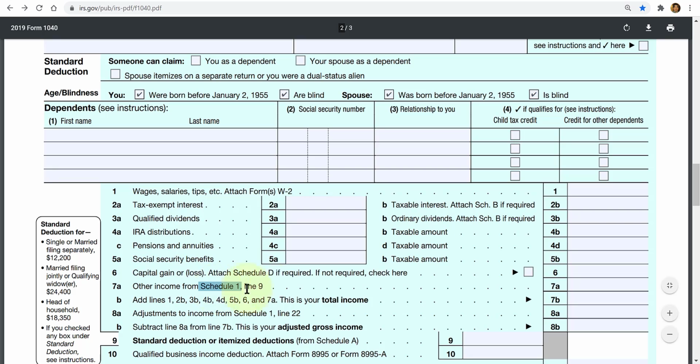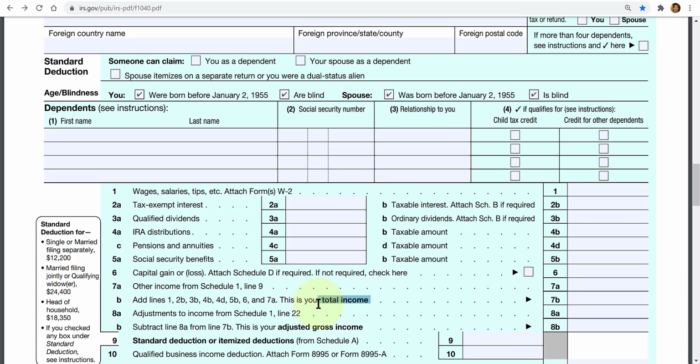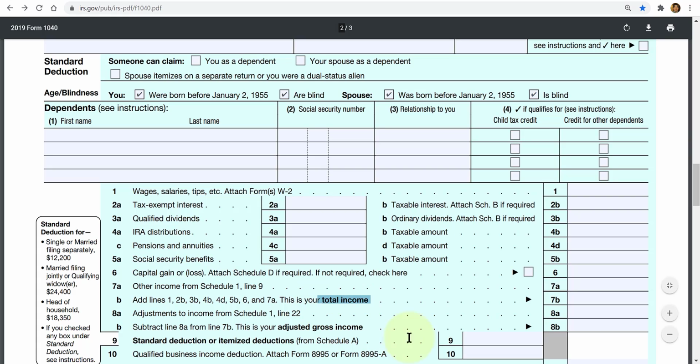And you would subtotal it here and add it to all the other income you have to get a line called total income, line 7B. Our textbook calls this probably by a better name. Let's see if I can write it in here. The textbook calls it gross income.